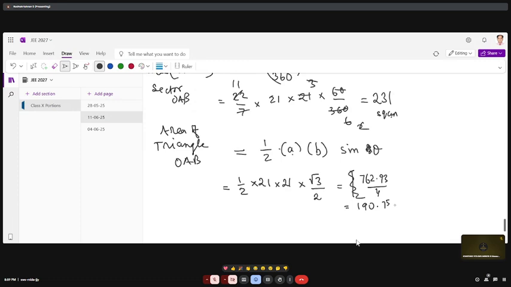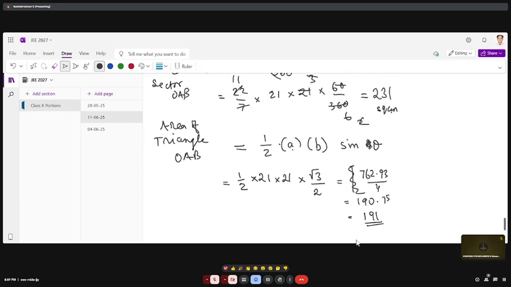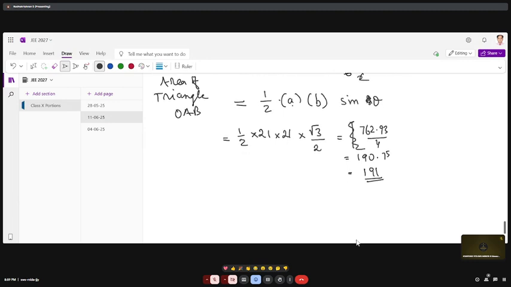If I take it as 763, it comes to 190.75. So I'm taking it as approximately 191. Okay, rounded it to 191. So the previous one is 231, so this is 191, let us say. So area of the minor segment will be 40.